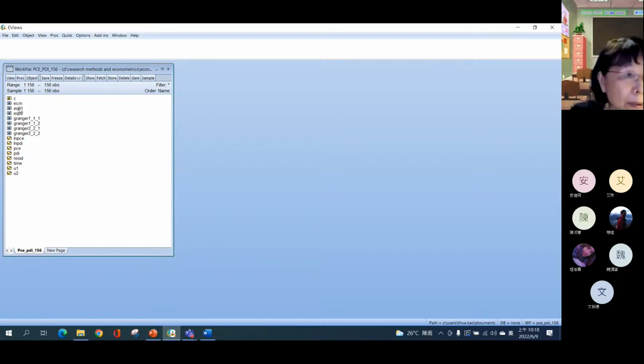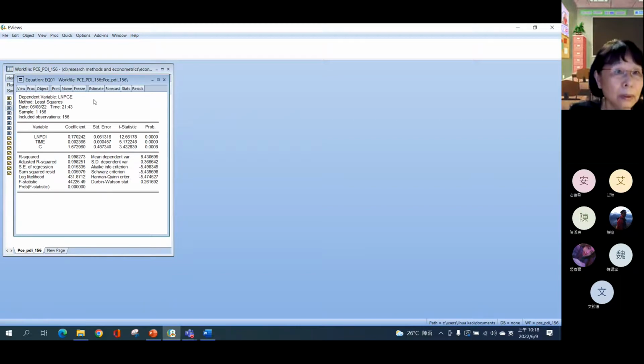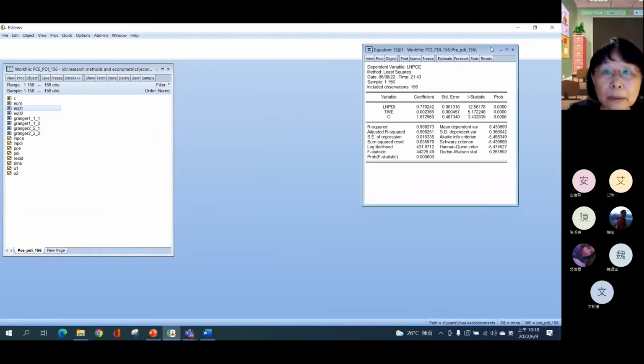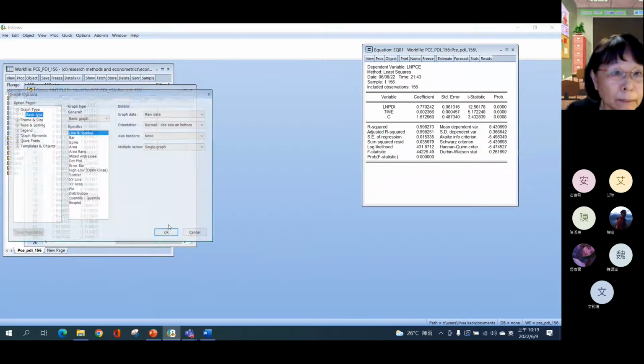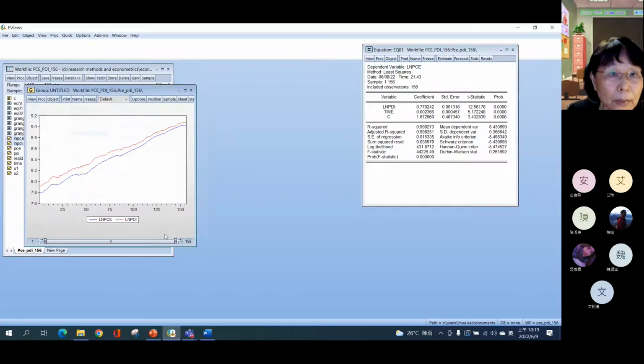Let me consider the regression using LMPCE as the dependent variable and LMPDI and also time, because according to the graph, let me show the graph first again. According to this graph, we know that both variables trend up.